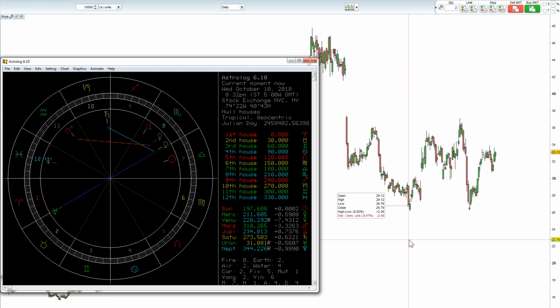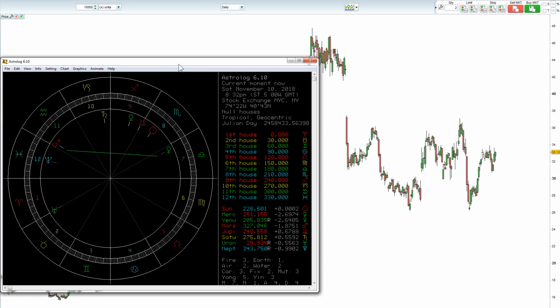All right, so October 10, we have Mercury in a relationship with Saturn. We have Mercury also in a relationship with Uranus. So Mercury is in a 60-degree relationship with Saturn. So let's see what happens with that first. We went retrograde there.